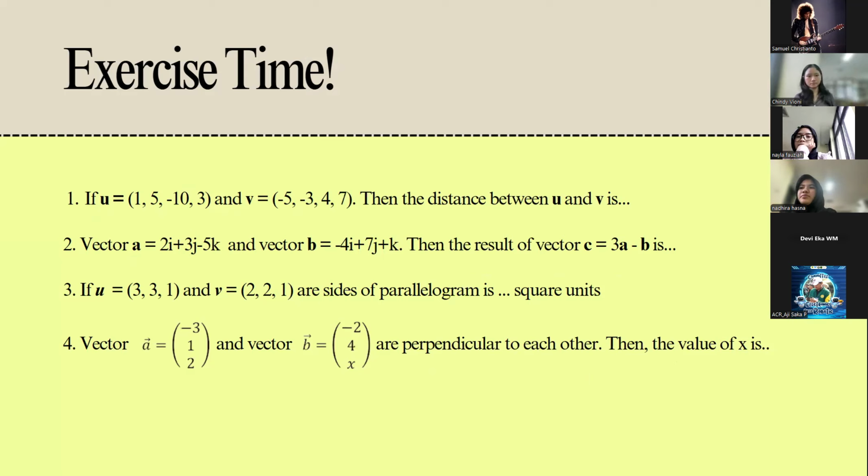Number one is about the distance between two vectors, and number two, about the operation of the vector, and number three, it is like an application of the vector in the plane, and then number four, you have to find the value of the variable x.